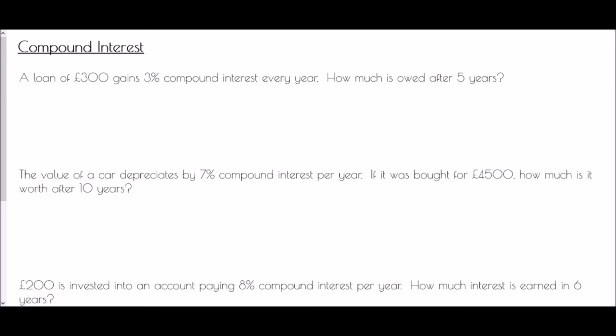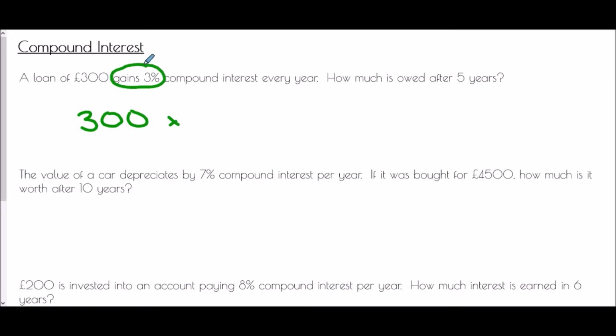So let's have a look. A loan of £300 gains 3% compound interest every year. How much is owed after 5 years? Well, in this case, the investment is the loan, so that's 300, and it's going to be multiplied by a multiplier, and this comes from the fact that it's gaining 3%.